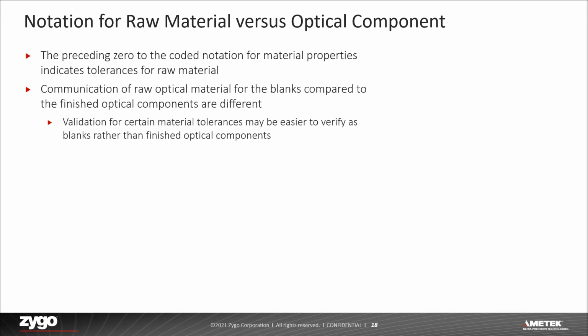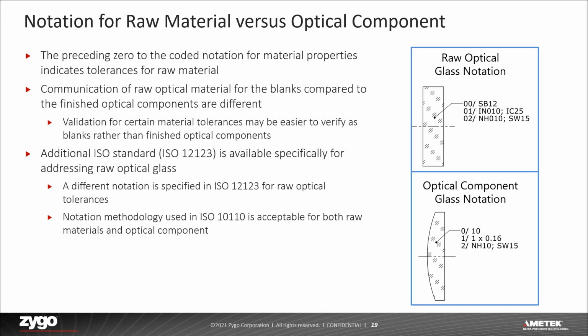As previously stated, specifying the raw optical material may be necessary for a fabricator when communicating directly with a glass vendor. In that instance, the numeric codes for ISO 10110 are preceded by an extra 0. Similar to the class system used for homogeneity and stria, a class system is available when specifying raw glass for the stress birefringence and the bubbles and inclusions.